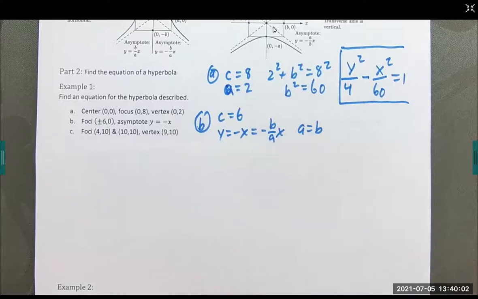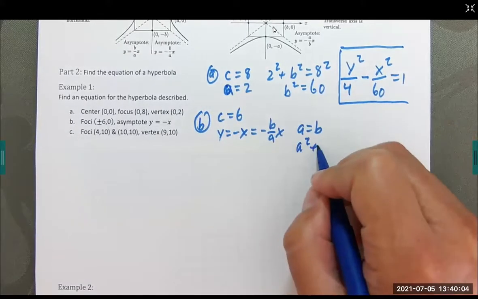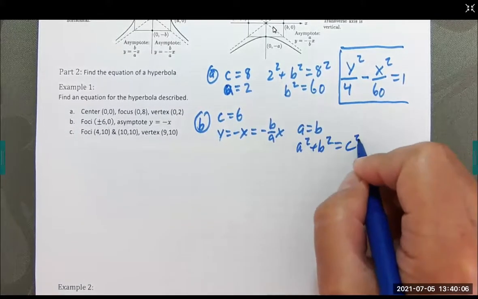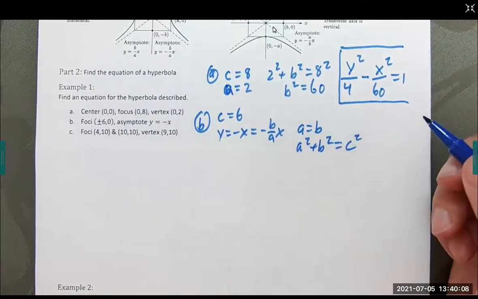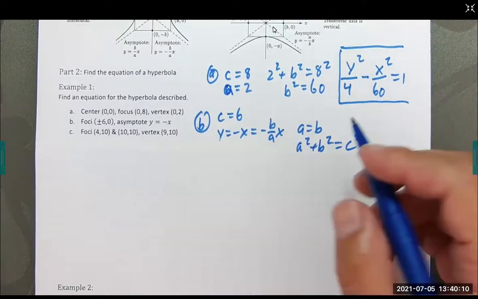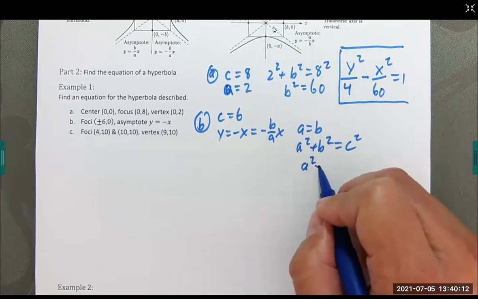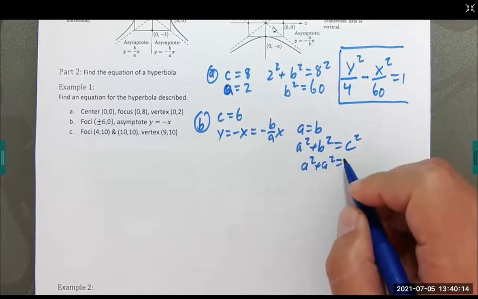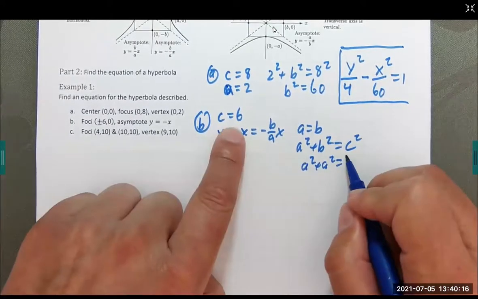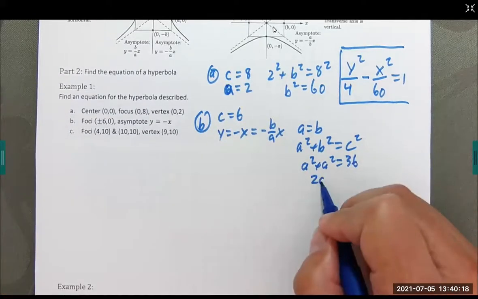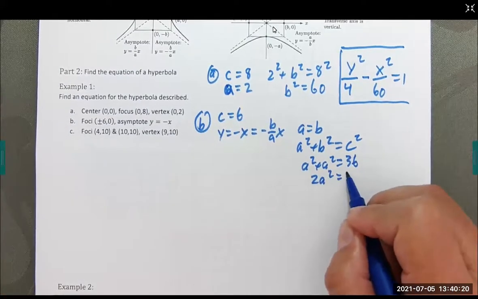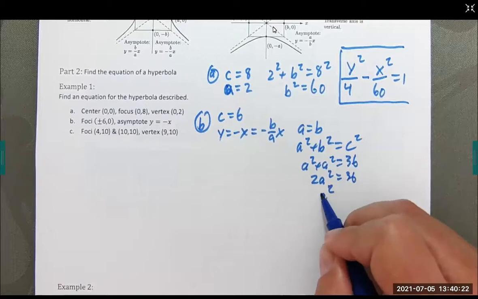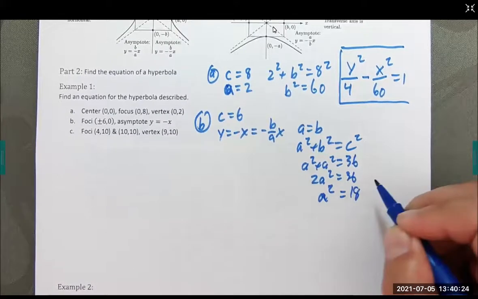What that tells us is a squared plus b squared equals c squared. We can see this becomes a squared plus a squared equals c squared, which we know, 36. 2a squared equals 36. a squared equals 18.